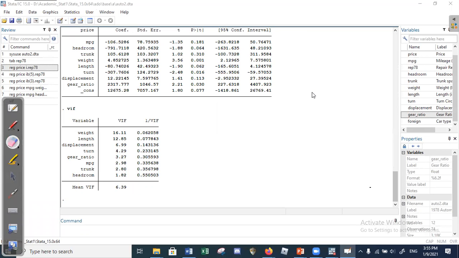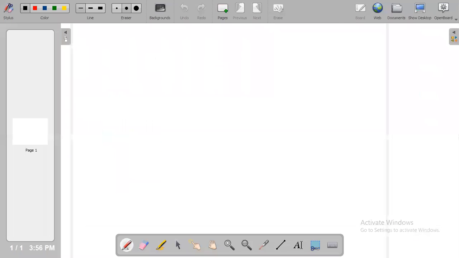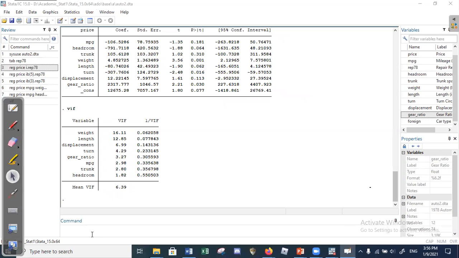Drop one or more highly collinear variables from the model. So, using this suggestion, for example, if I drop weight and length from this model, which means I refit a model in which weight and length are not there, what would happen?